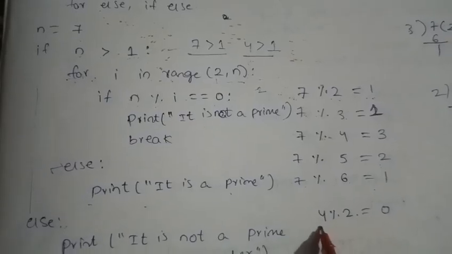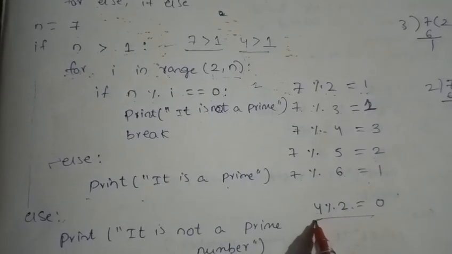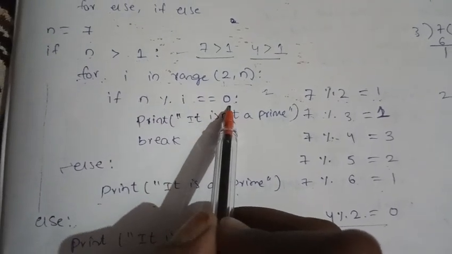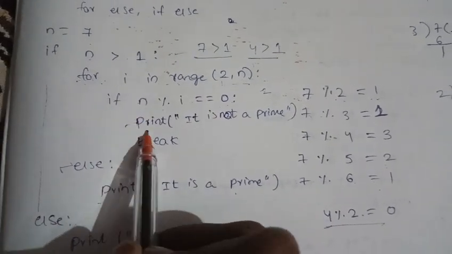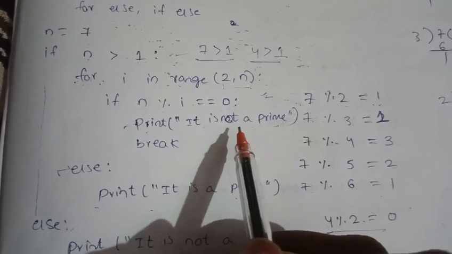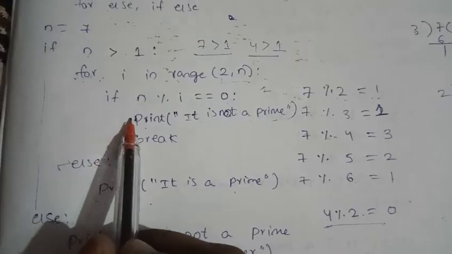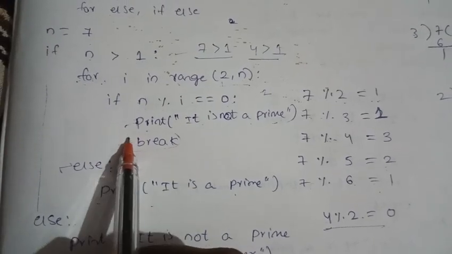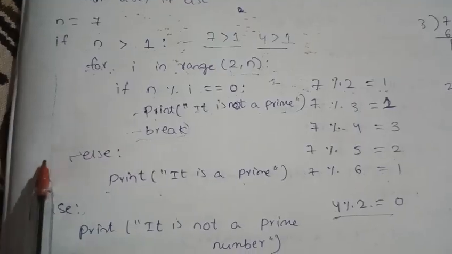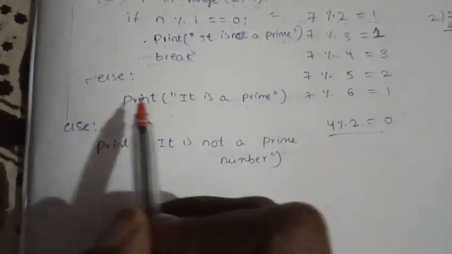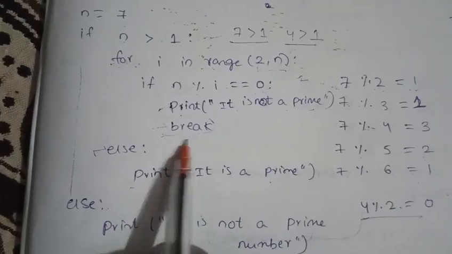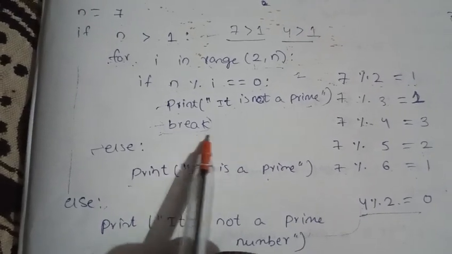This condition is satisfying. Then it goes to the next line and prints it is not a prime number. That's true, 4 is not a prime number. Then it will break, which means the execution will stop and it will not check the remaining numbers. Here it will end.